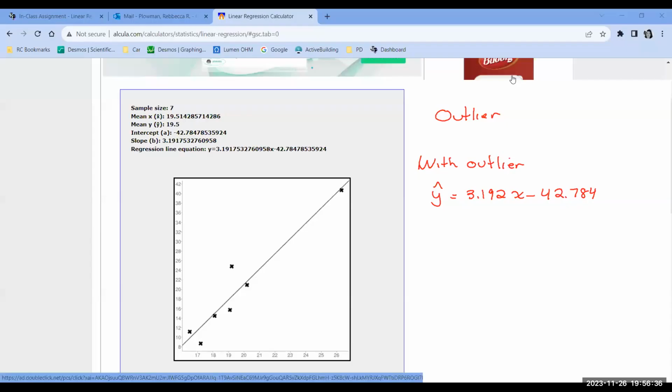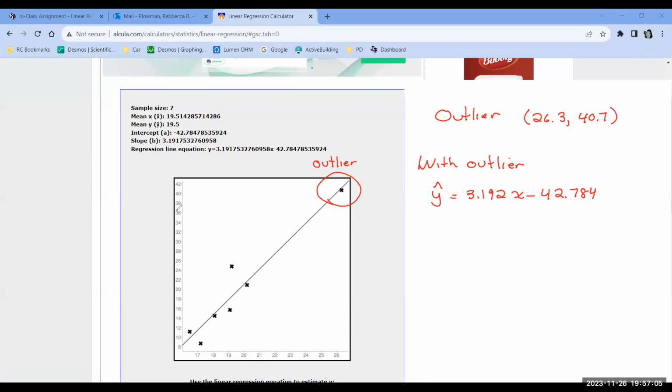So if you look at this data, I think we could pretty easily decide that this data point is really far removed from the rest, and this is probably your outlier. So this outlier would have to be the data point, just a second, I've got to find it here, 26.3 in your data, and then we had 40.7 murders per million people.